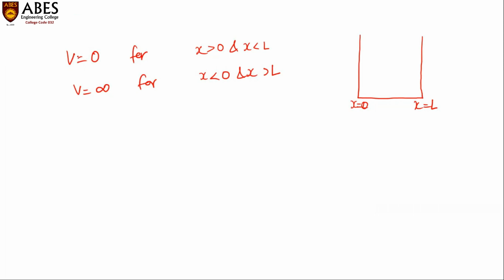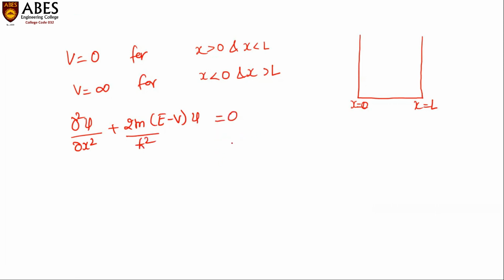For this, a particle is trapped in a one-dimensional potential box. We can use the Schrödinger time independent equation. As we know, the Schrödinger time independent equation is del square psi by del x square plus 2m (E minus V) psi by h cross square is equal to 0.